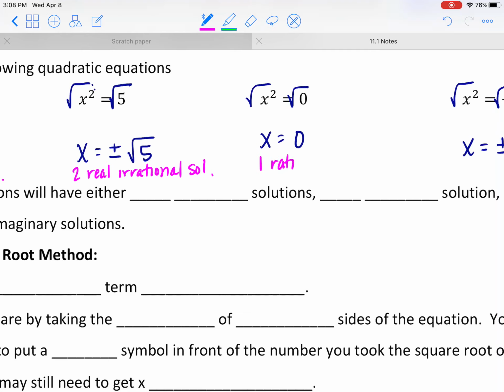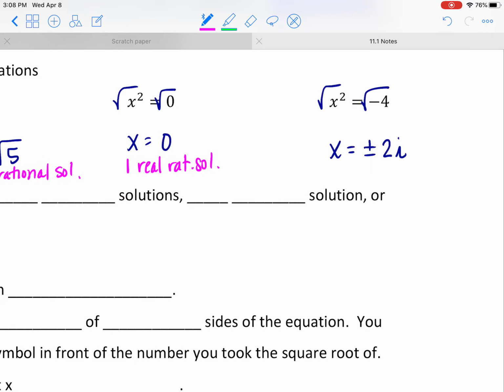Two real and irrational solutions. Okay, and the third one here, because the square root is 0, there's no distinguishing between a positive and a negative 0. We only got one solution, and it is rational. One real and rational solution.